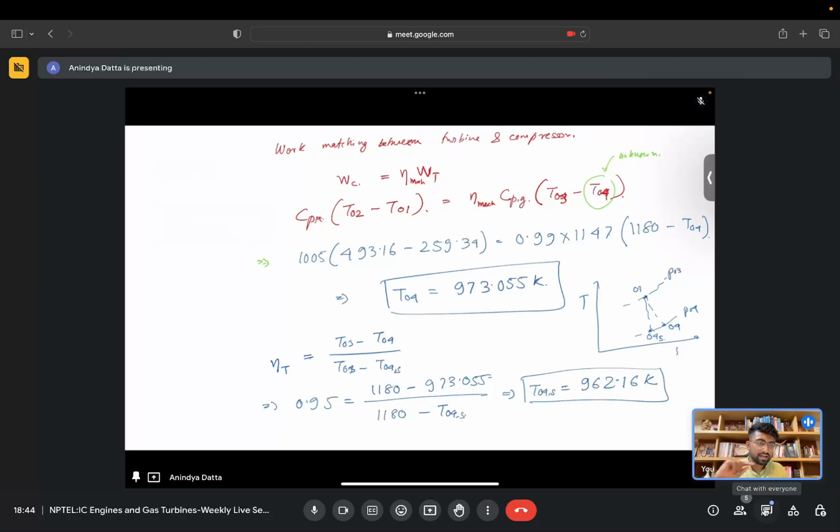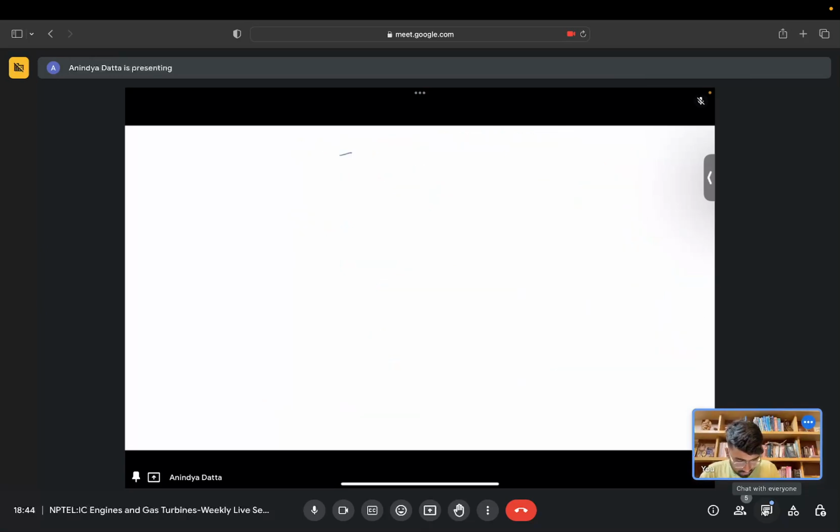Now we can apply the isentropic relation to find out the pressure level at the exit of the turbine. So P04 by P03 will be equal to T04s by T03 to the power gamma G by gamma G minus 1. Again, be careful, we are using the gamma for gas here. So you solve this, you will get P04 as 1.64 bar.